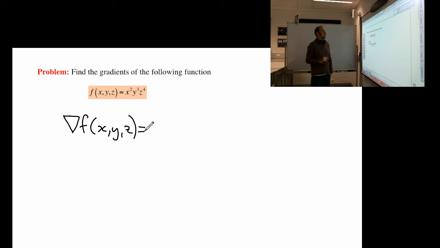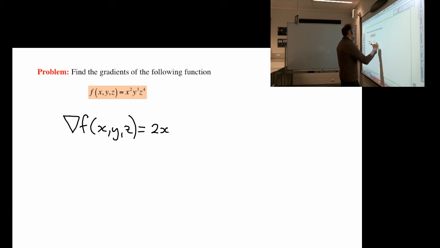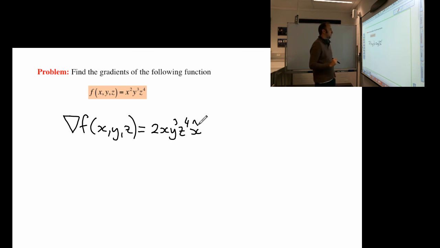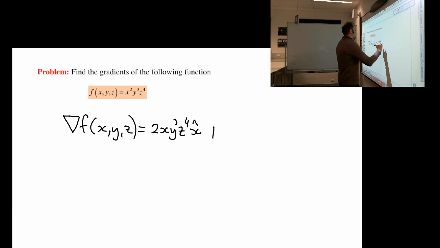What's this going to be equal to? Okay, so let's think for a minute. Well, what we must do is, in the first instance, take the derivative with respect to x. So what we get is 2x y cubed z to the power of 4 x hat. Next, we take the derivative with respect to y.